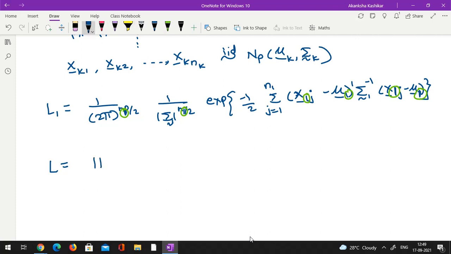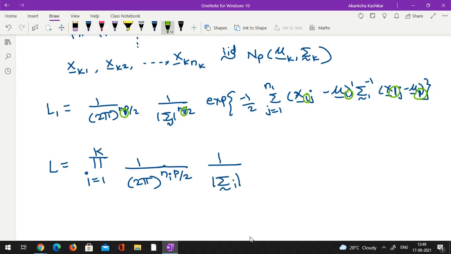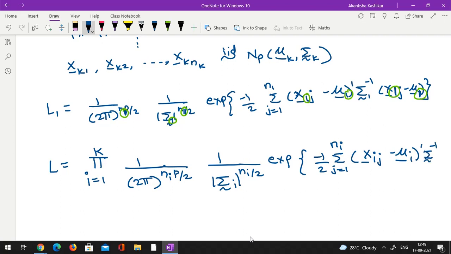So joint likelihood will be product over i going from 1 to k, 1 upon 2 pi raised to Ni p by 2, 1 upon determinant of sigma i raised to Ni by 2, e raised to minus half sum over j going from 1 to Ni of x ij minus mu i prime sigma inverse x ij minus mu i. Okay so far?